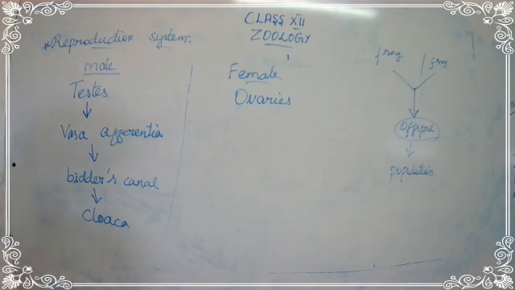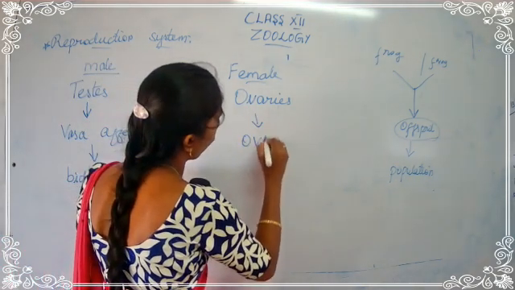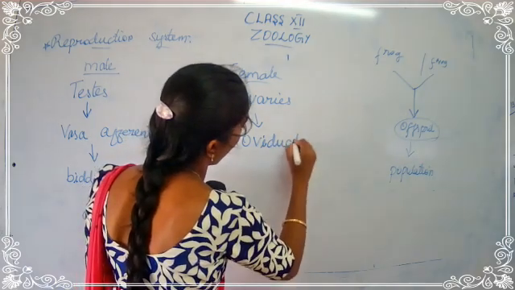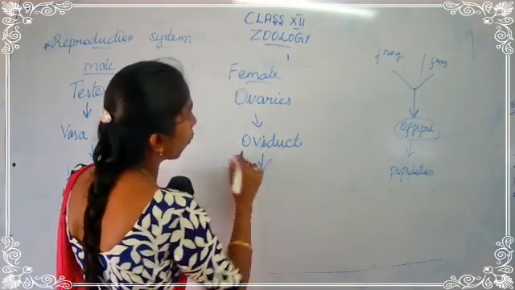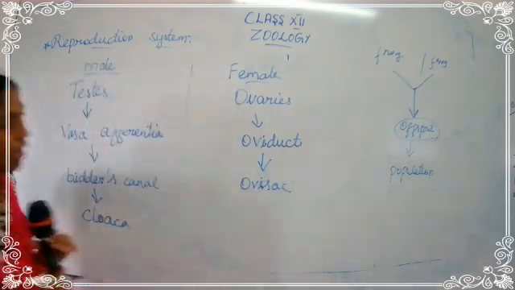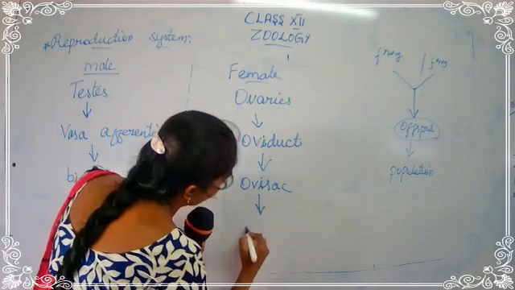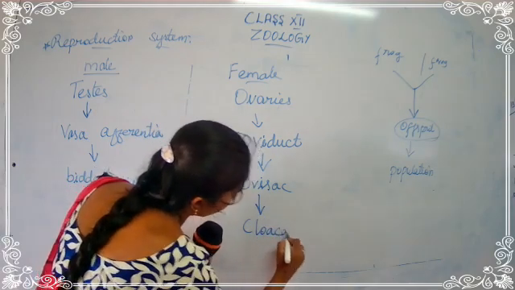The ovaries contain a pair of oviducts, and then the oviduct has an ovisac. These ovisacs open into the cloaca.